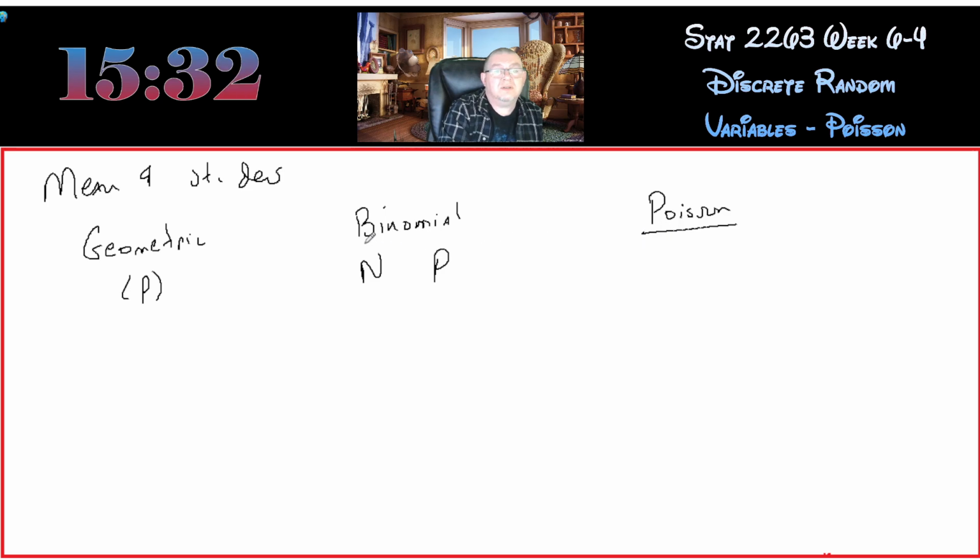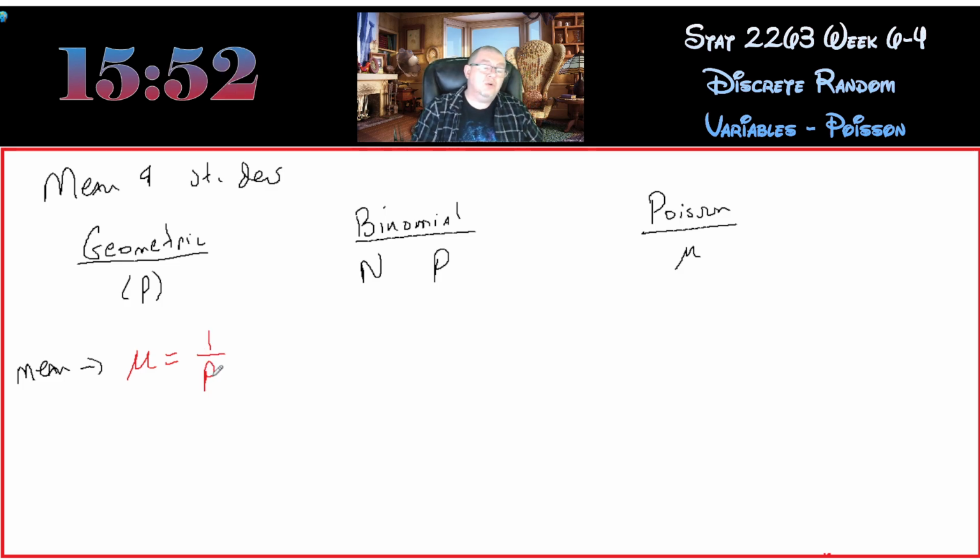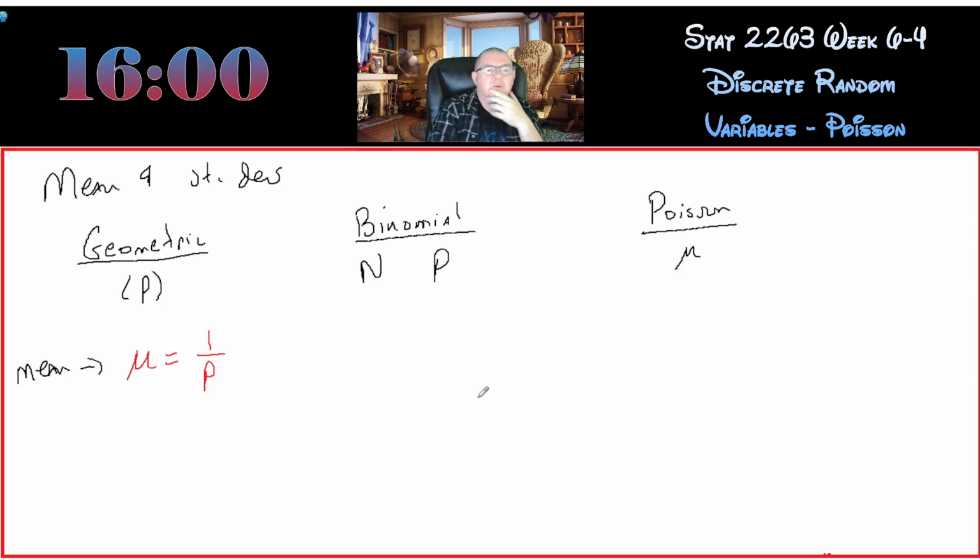And we have a Poisson distribution, which is given mu. If I want the mean of the geometric distribution, it turns out that the mean, mu, is equal to 1 over p. So we don't have to look at every possible value. If we tried to do this with the discrete random variable formula, we would need to go to infinity. Mathematicians have already proven that it's equal to 1 over p.